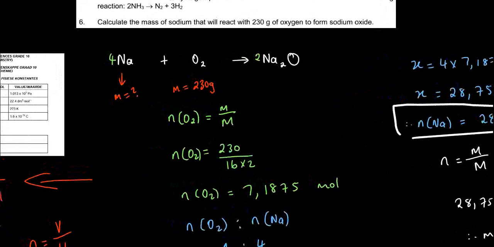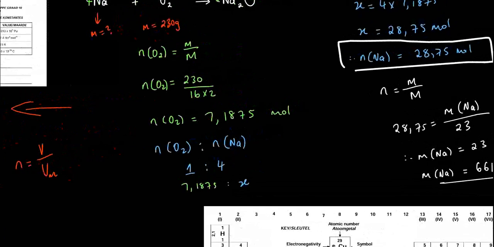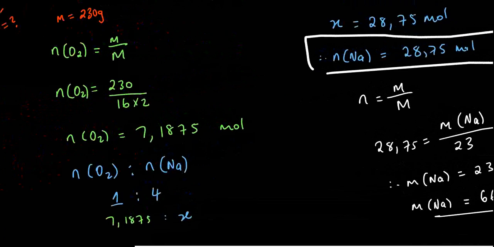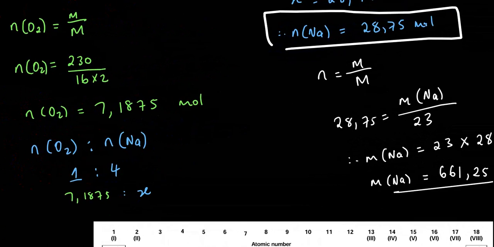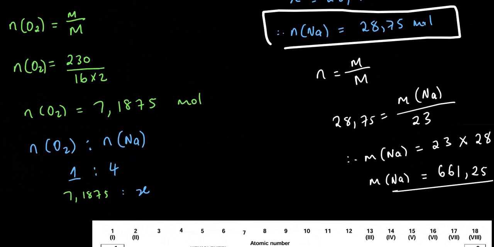So that is why we went through the hassle of converting the other ones that were given to moles and then using molar ratio to eventually get the number of moles of sodium. Then we could use those number of moles in the right formula to get the missing variable. So here we were able to get mass.